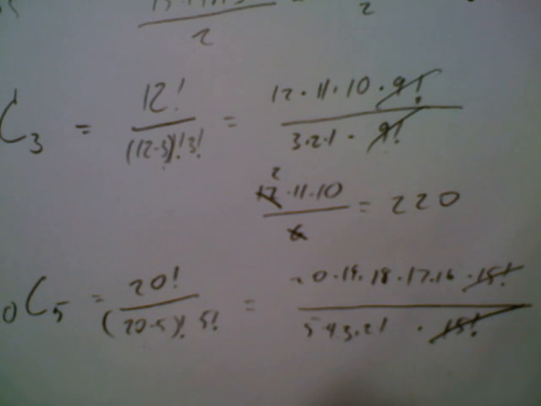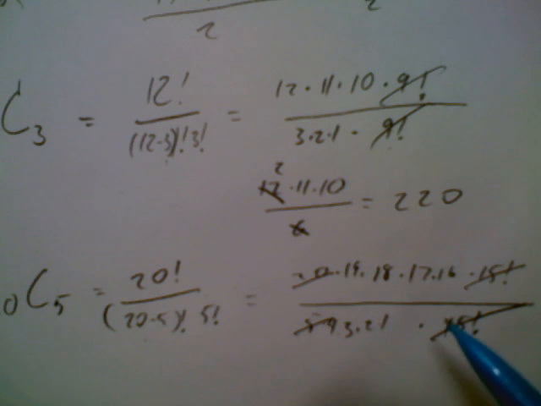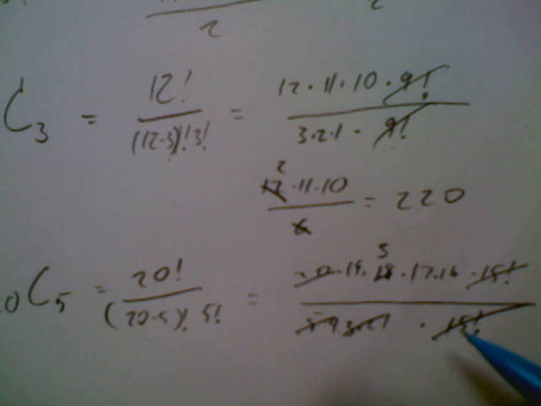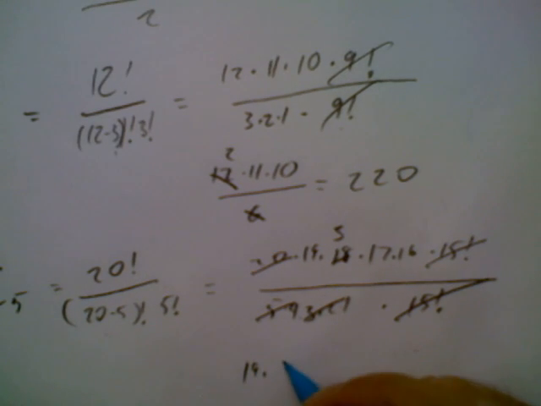Those cancel out. 5 times 4 and 20 cancel out. 3 times 2 cancels out, and that becomes 3. So it's really 19 times 3 times 17 times 16.